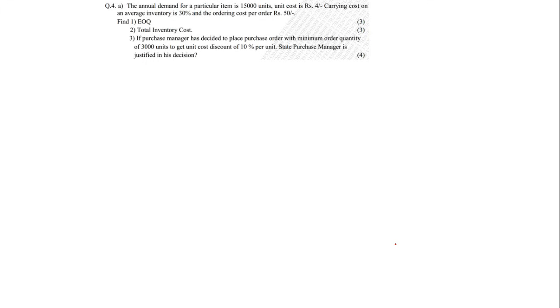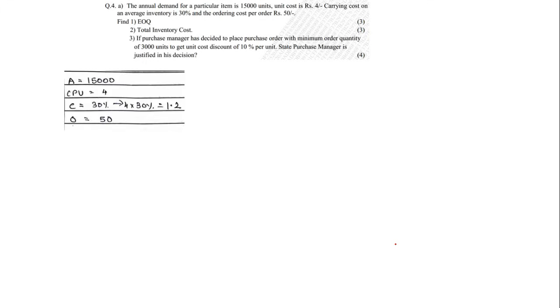First the EOQ. For that we first note down the data. Annual demand was 15,000. CPU was 4 rupees. Carrying cost is 30% of 4 rupees, so 4 into 30% is 1.2, and ordering cost is 50 rupees. The EOQ formula is square root of 2 into A into O divided by C. A is 15,000, O is 50 and C is 1.2.